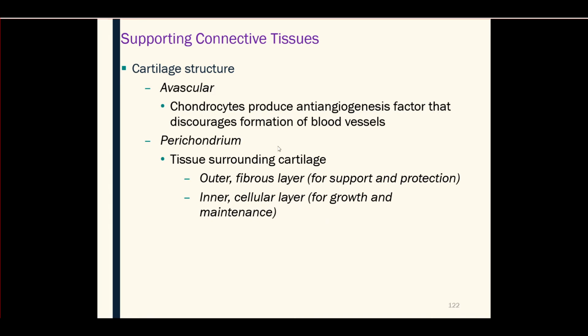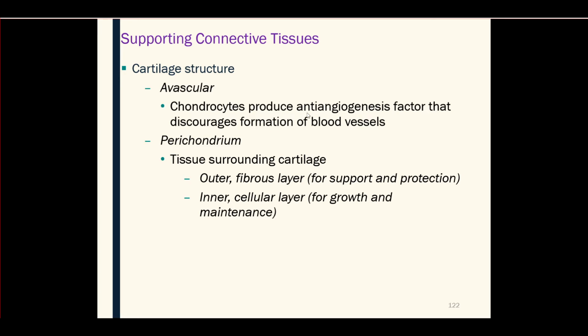One of the other things about cartilage is it's kind of unique. It is avascular, meaning that it doesn't have direct blood supply. So basically, it's going to get its nutrients and get rid of waste products by diffusing through the matrix into the area that's around the cartilage. The reason that cartilage doesn't have a blood supply is they produce these chemicals known as anti-angiogenesis factor.